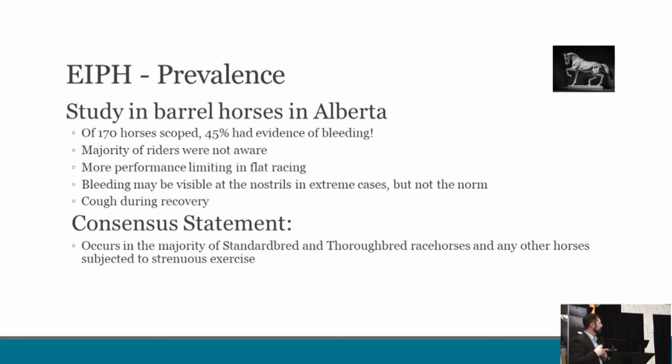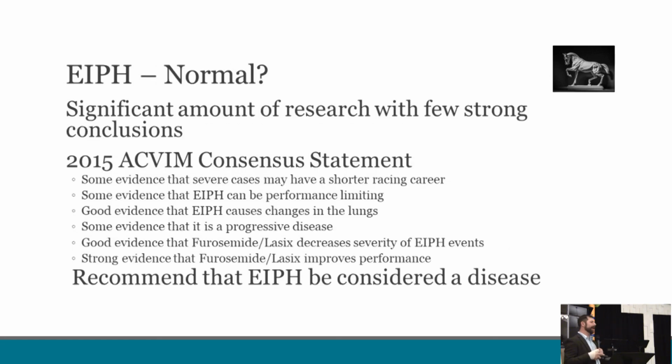So again, those internal med brainiacs got together and did a consensus statement, and they reported that this condition occurs in the majority of standardbred and thoroughbred racehorses, as well as any other horse subjected to strenuous exercise. So the question there is, if it happens in that many horses, should we just call it normal?